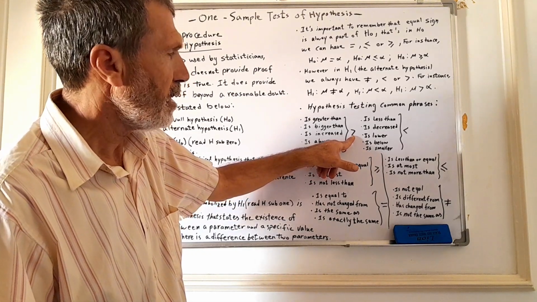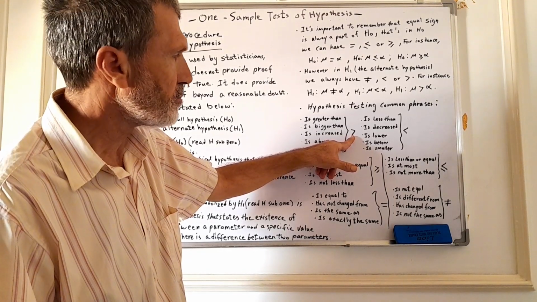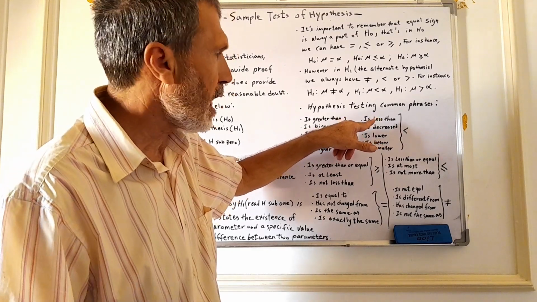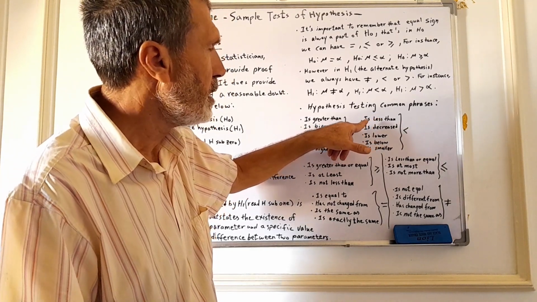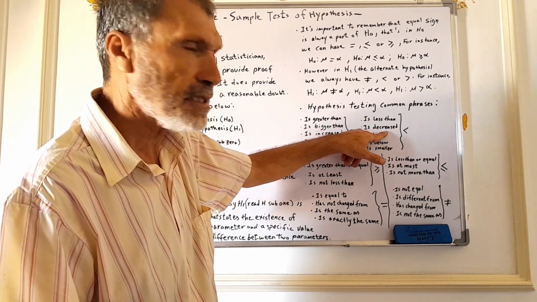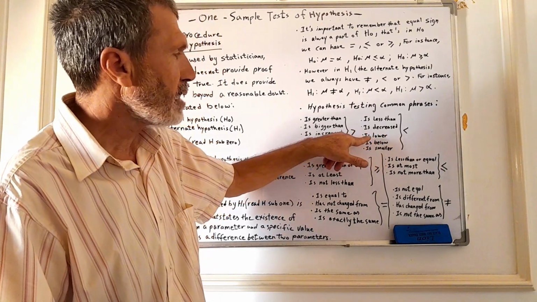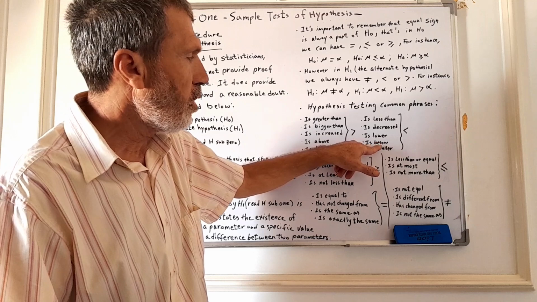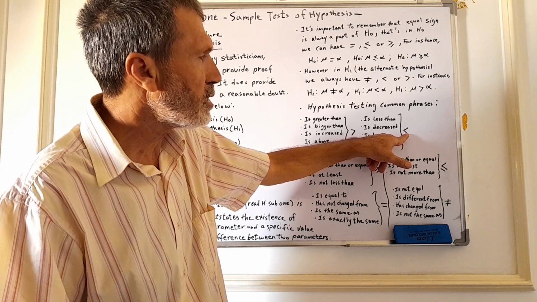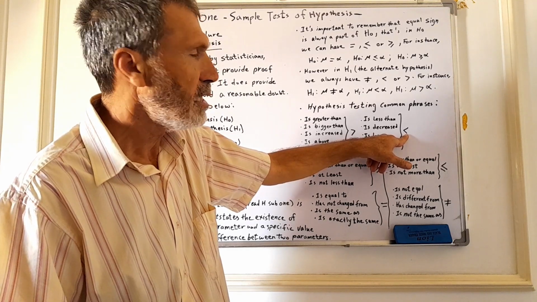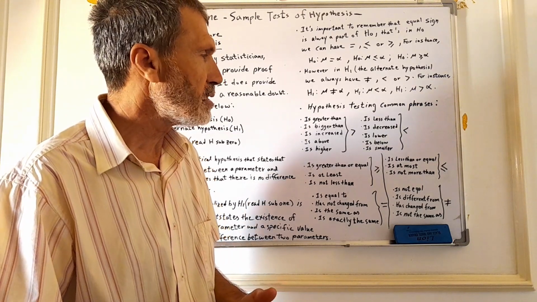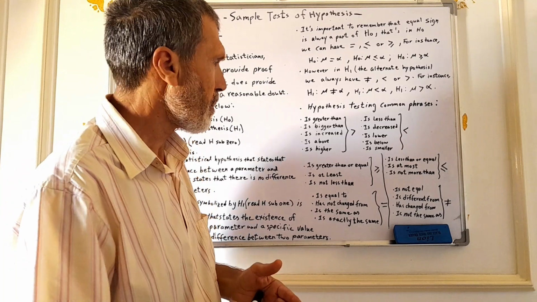The inequality is greater than. However, if you see phrases like is less than, or is decreased, or is lower, or is below, or is smaller, then we use less than in the alternate hypothesis, or even in the null hypothesis when it is less than or equal.